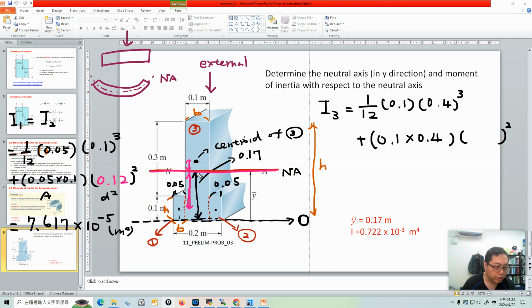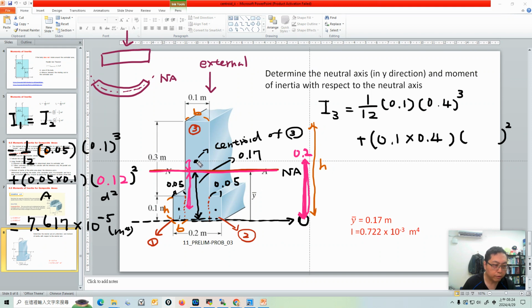Here is 0.17, and this is the centroid of the middle part. So here must be 0.2. Maybe not very straight. Here must be 0.2, and the Y bar, the centroid, is 0.17 here.